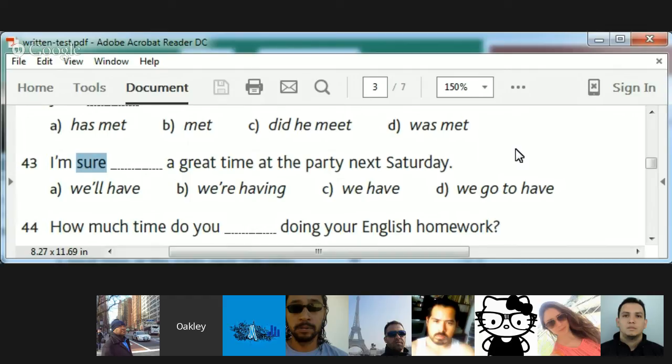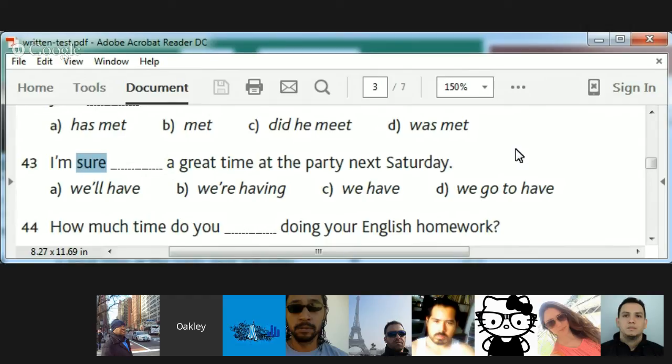However, we use the simple future form will when we just thought of the idea. It's not planned. You spontaneously say, oh, I'll do it. Oh, you need somebody to pick them up at the airport? I will do it. I just thought of that right now. It's not planned.